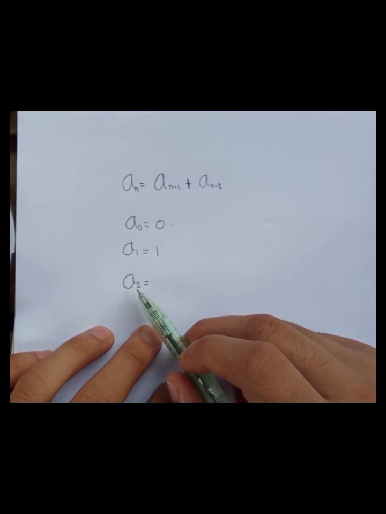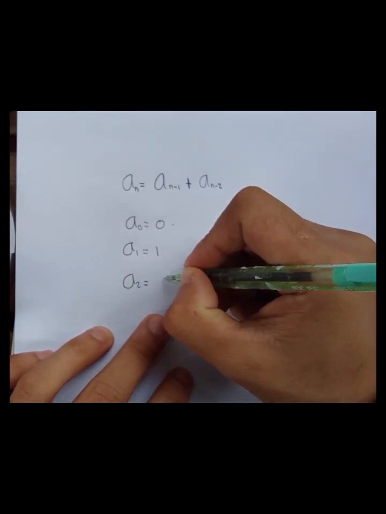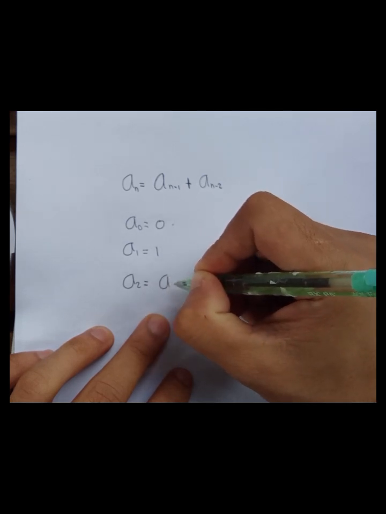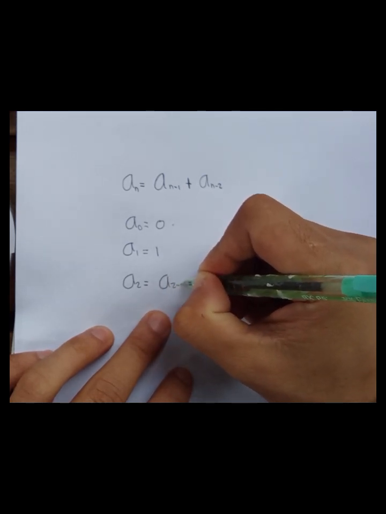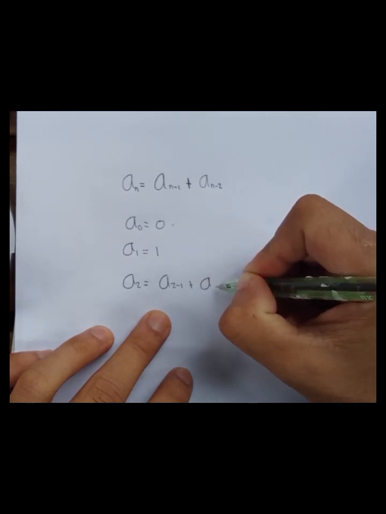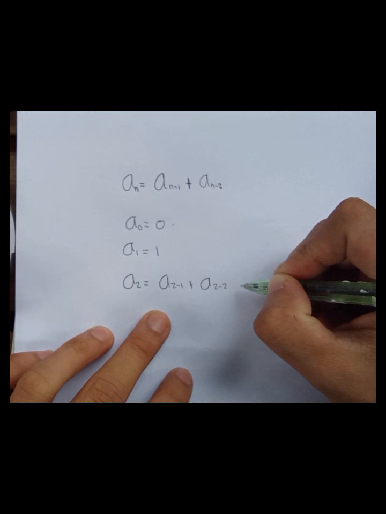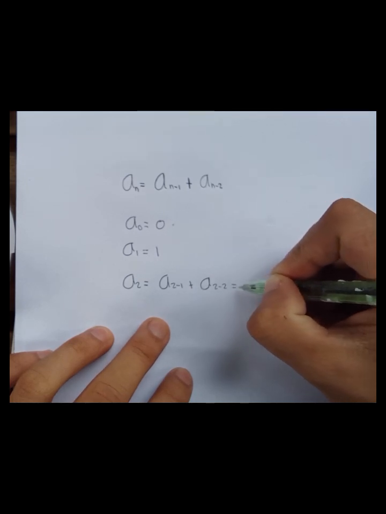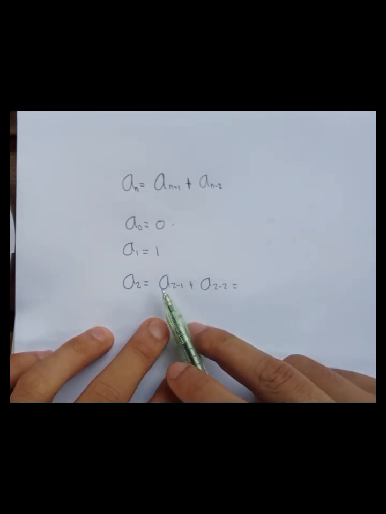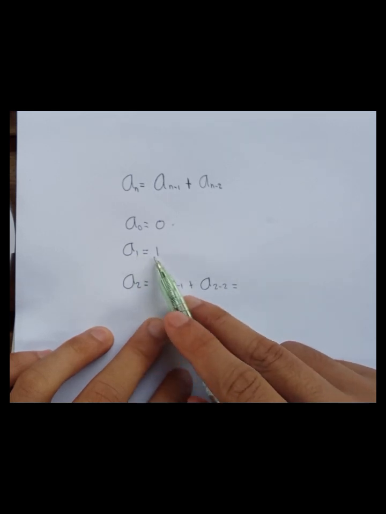So a sub 2 is equal to a sub 2 minus 1 plus a sub 2 minus 2, which is equal to a sub 1, and a sub 1 is equal to 1.